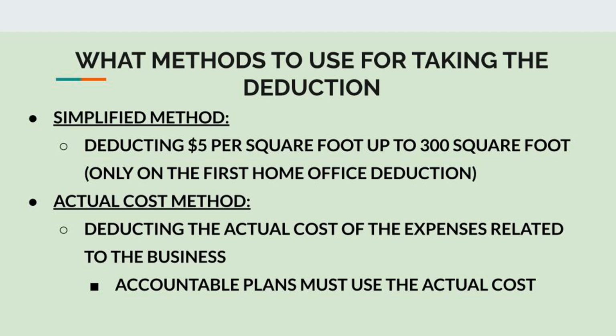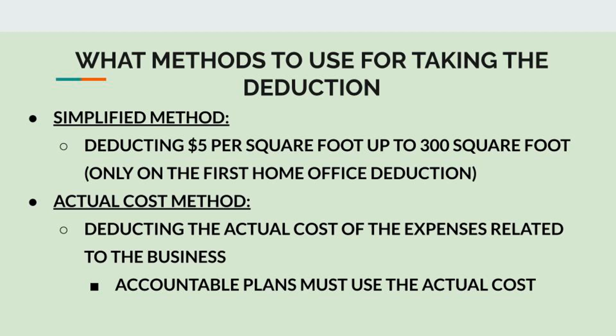Essentially, you would deduct the actual cost of the expenses related to the business. So you would go over all the expenses for your house, for example your rent, the interest on your mortgage, utilities, pest control, and various other items, and you come up with a number, and that would be the actual cost that you would use to calculate.